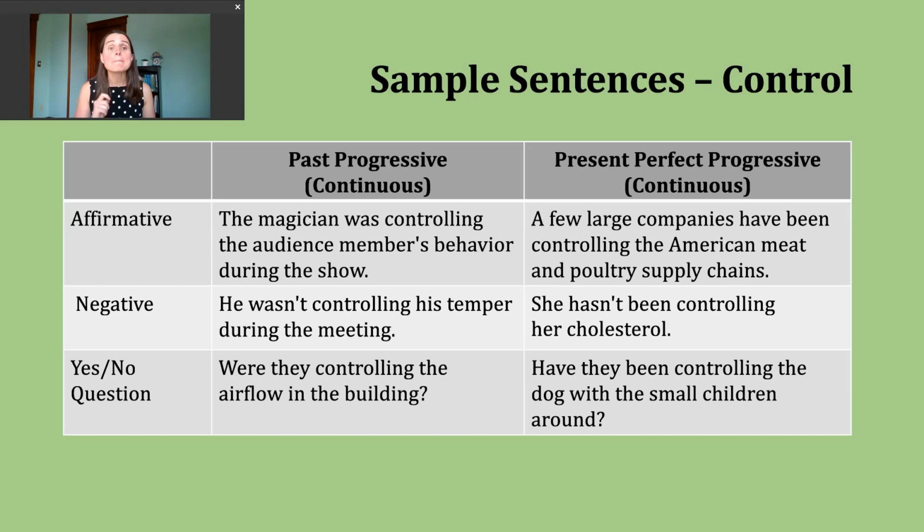Now let's talk about negative past progressive sentences. To do this, start with my subject. I use was not or wasn't, or I use were not or weren't, and then I use the ing form of the verb. So that inclusion of not is what makes it negative. Here's another example sentence. He wasn't controlling his temper during the meeting. Okay? So this could go back to that example of intensity.